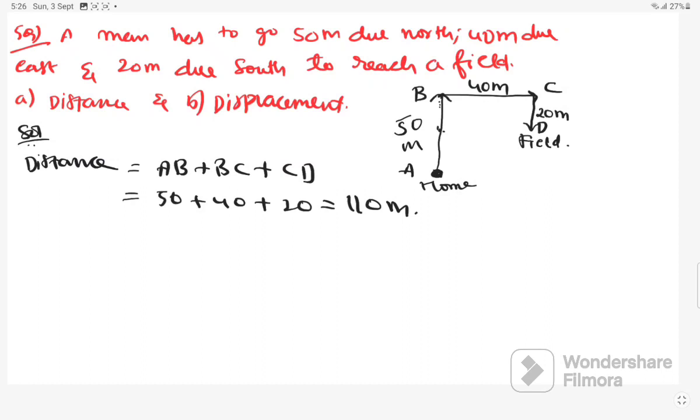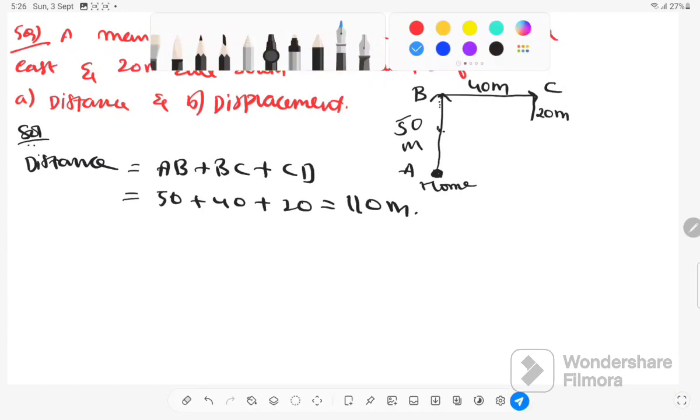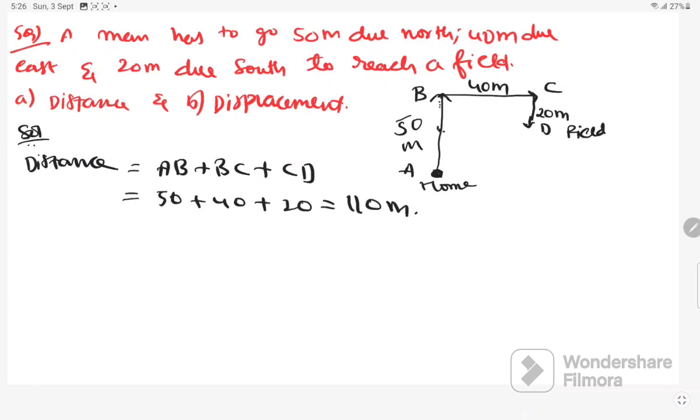Right. See why and how. Look at this point very carefully. Displacement is the direct straight line distance from starting point to ending point. So from here to here is the displacement, right? This is the displacement traveled by the man.